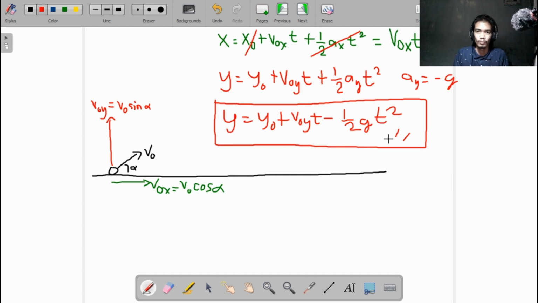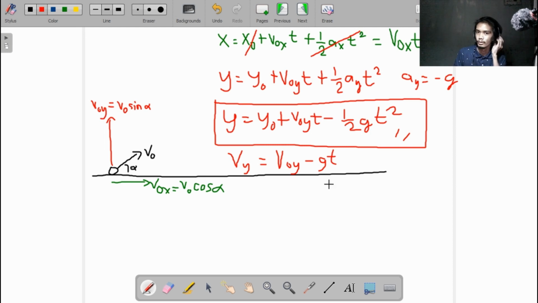We all know that if we take the first derivative of this, it becomes v of y, which is equal to, this cancels, but this now becomes v0y minus gt.